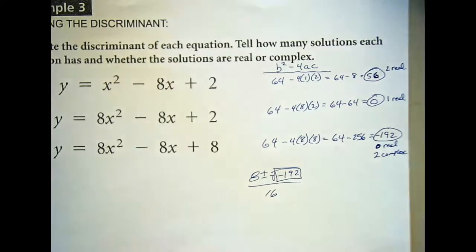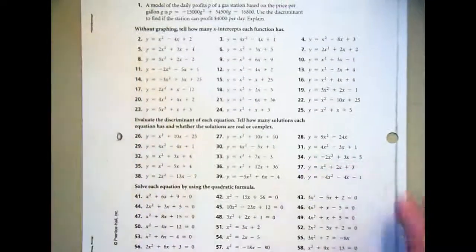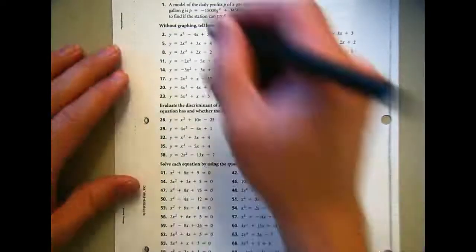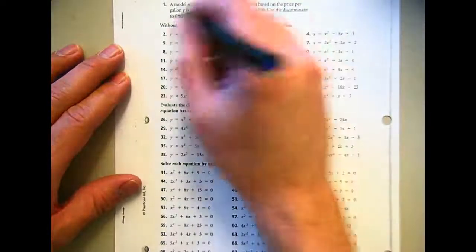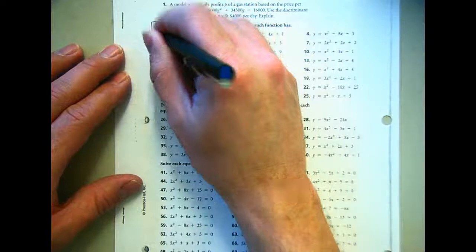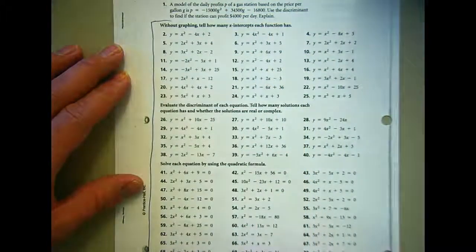Let's take a look at your worksheet that you picked up on the way in. You're going to turn it over and take a look at the mixed side. How many are we doing? Well, since some of you want to do all of them, we can just make the people who want to do all of it do all of it.